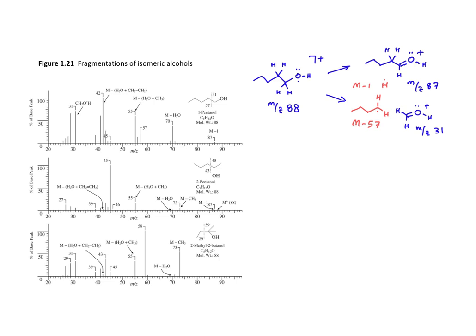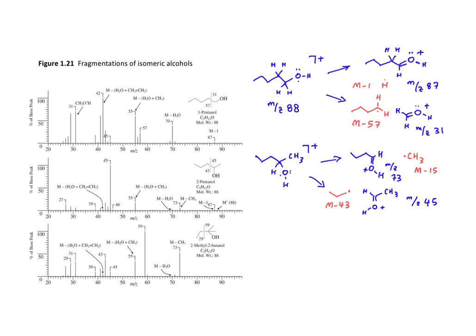The secondary alcohol tends to fragment carbon-carbon bonds with loss of methyl radical in one direction and propyl radical in the other direction.